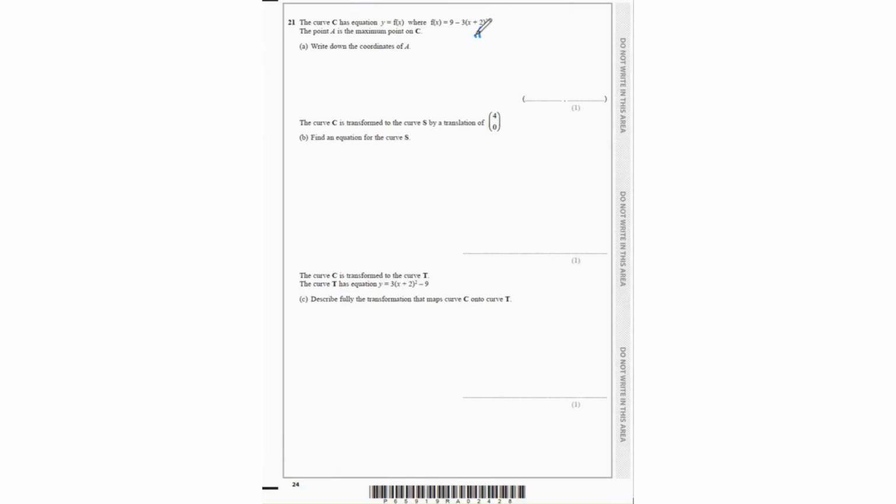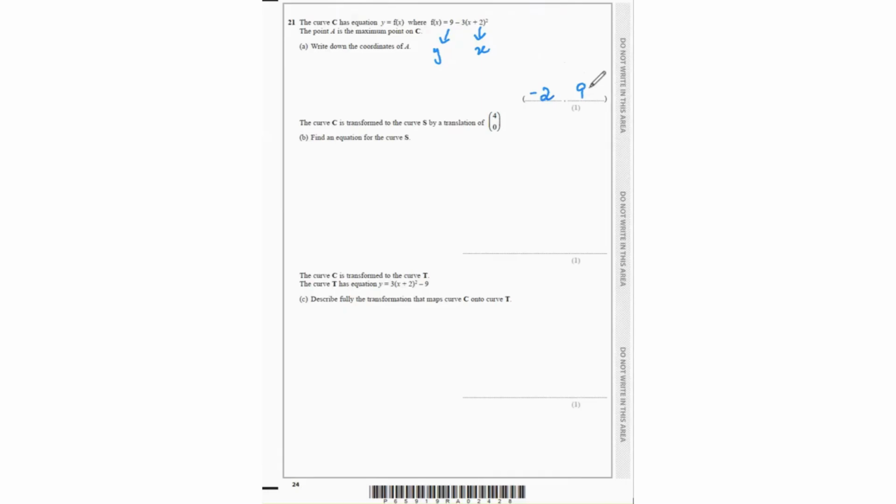So whatever is being added or subtracted to x, that is your x value, and this is your y value of the turning point. So if something is being added to x, you write it as a negative coordinate. So that's going to be negative 2 and y is going to be 9. That is the turning point of this curve, which is your maximum point.